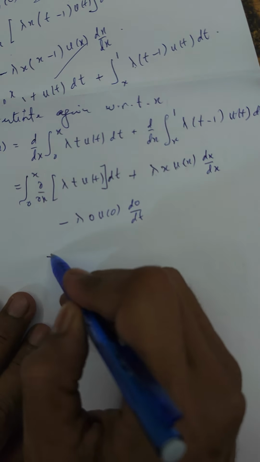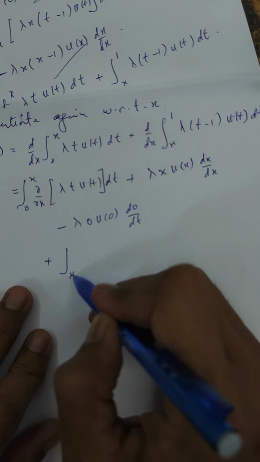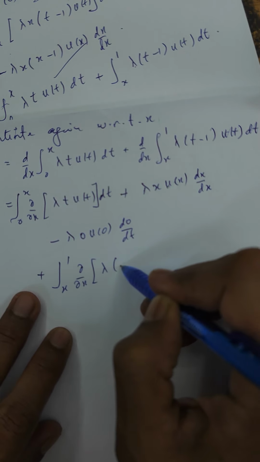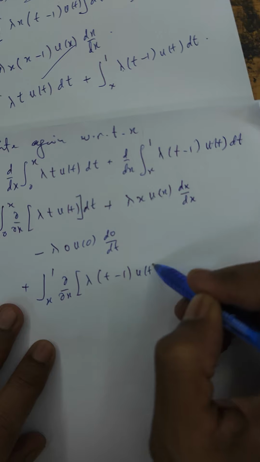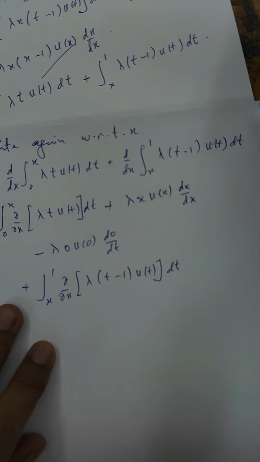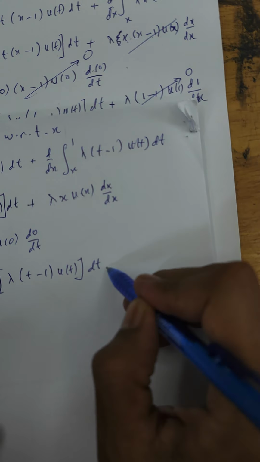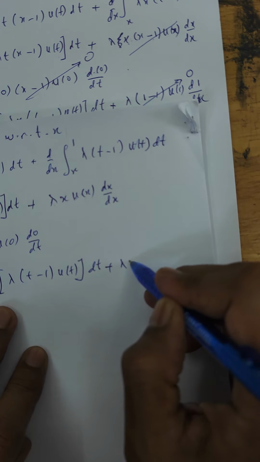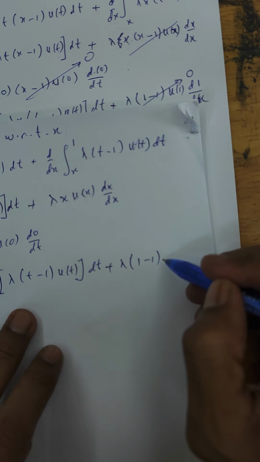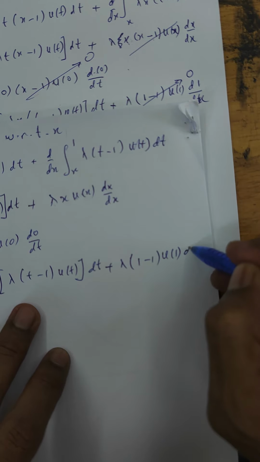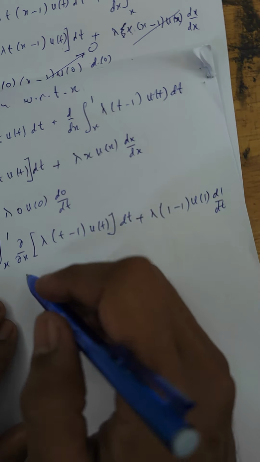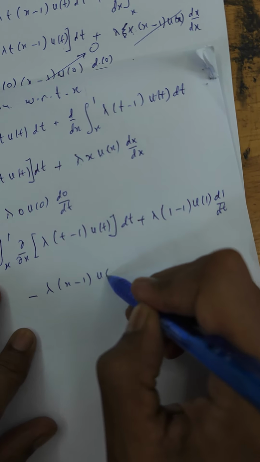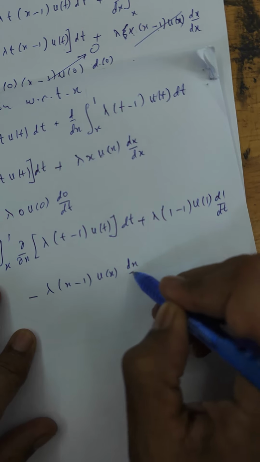Okay, the second part, you have the integral from x to 1, we have the partial with respect to x of lambda (t minus 1) u(t) dt, plus the upper limit, we have lambda, the upper limit is 1 minus 1 u1 d1/dt, minus the lower limit, we have lambda x minus 1 u x dx/dt.